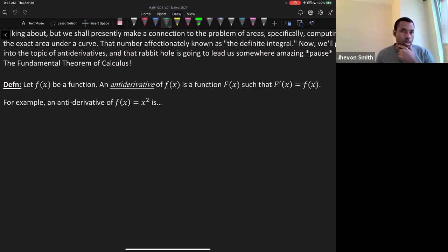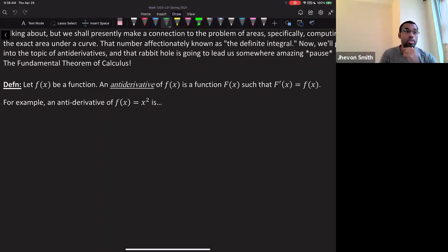I also know that if the 3 became a 2, then that 3 would have to come down in front and multiply, which means to get back to the original function, I should assume that this thing was multiplied by a 3. Therefore, I should divide by a 3 to find the original.